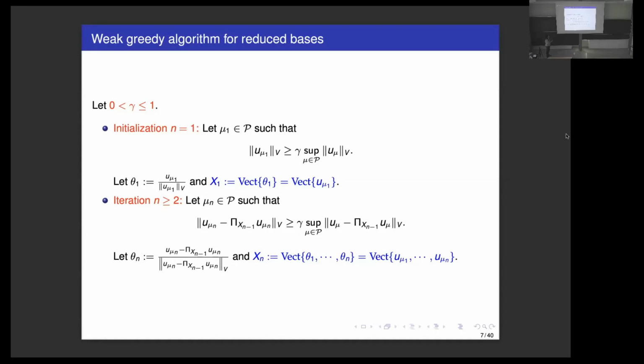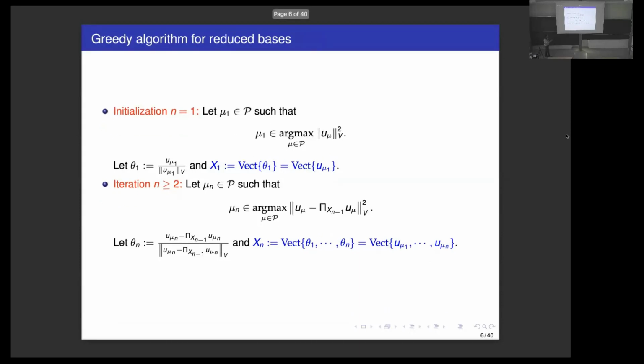At each iteration of the greedy algorithm, the parameter values mu1 up to mu n will be selected so that this condition, which is weaker than the one I've introduced before, is satisfied. For instance, at the initialization step, you're going to require that mu1 is such that the norm of u mu1 in V is greater than gamma times the supremum over all the parameter values mu of the norm of u mu. So this has to be compared to this quantity here.